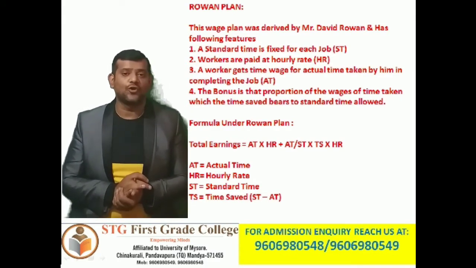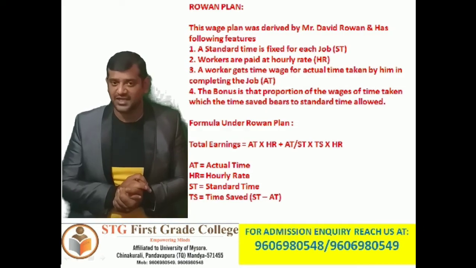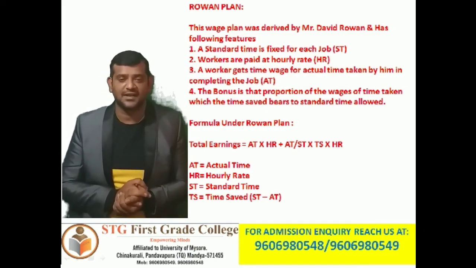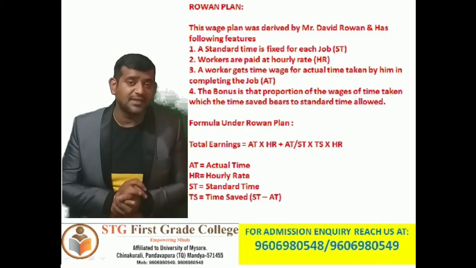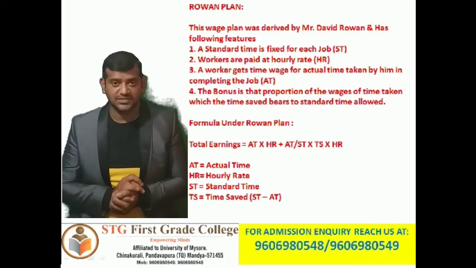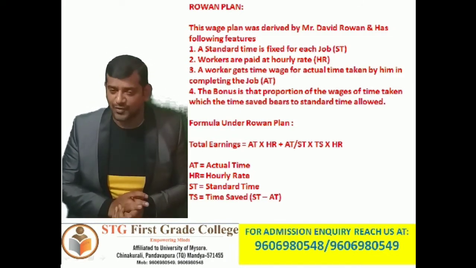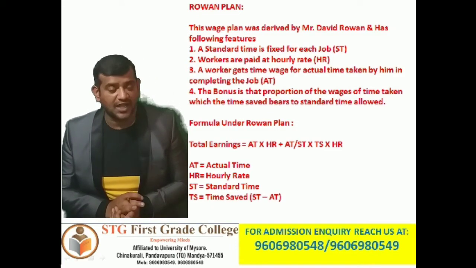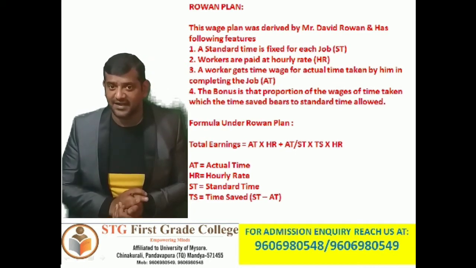And number 4, the bonus is that proportion of the wages of time taken which the time saved bears to standard time allowed. So only this 4th point, bonus will be paid on the time saved and the actual time basis. Let us see the formula under Rowan plan. Total earnings equals actual time into hourly rate plus actual time divided by standard time into time saved into hourly rate.